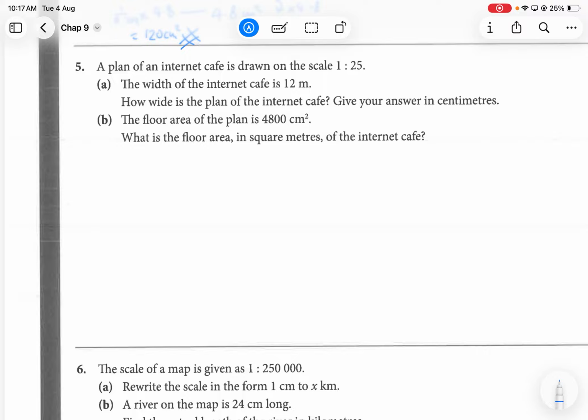I square both sides. 1 cm square is to 0.0625 meter square. And if I want 4,800, I just multiply 4,800. 300 meter square.